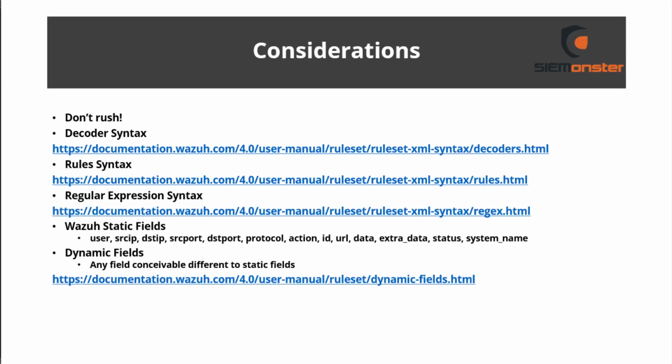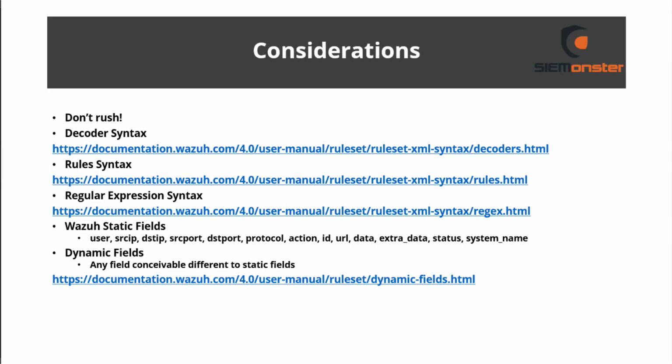Okay. When creating decoders, the first thing that you need to remember is don't rush. A lot of the decoders is factored around regex and items related to regex, the matching of the data that you're receiving. And because there are lots of similarities between logs, even though they're quite different, there are similarities.